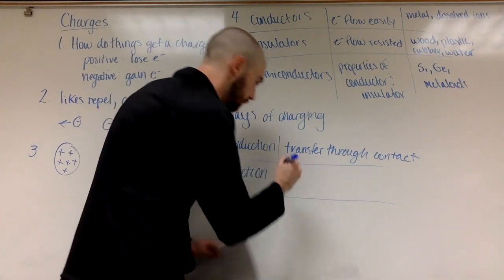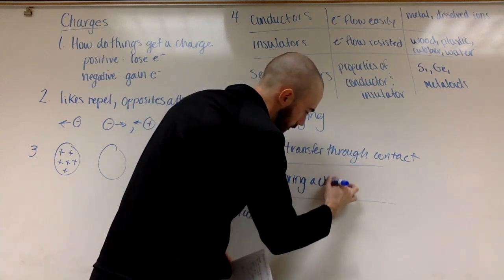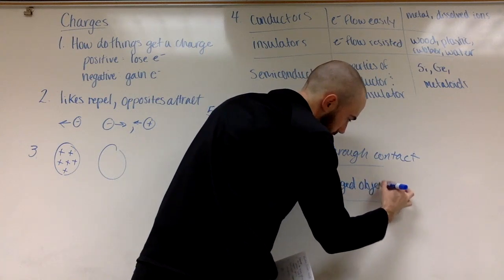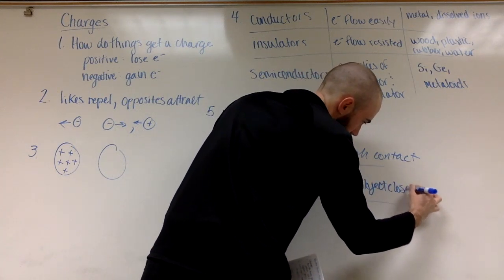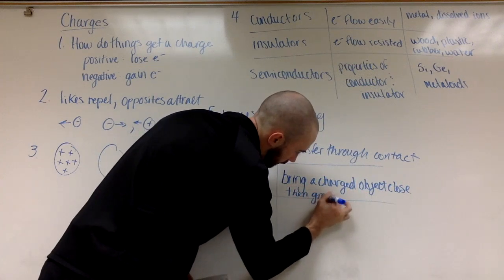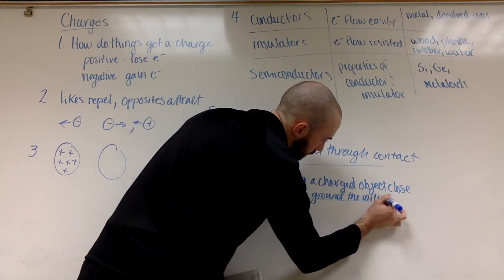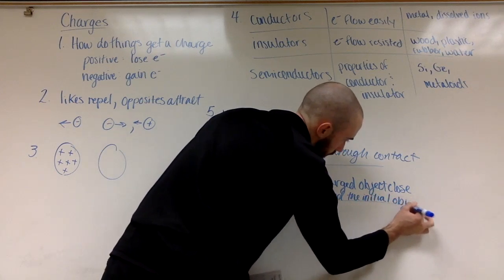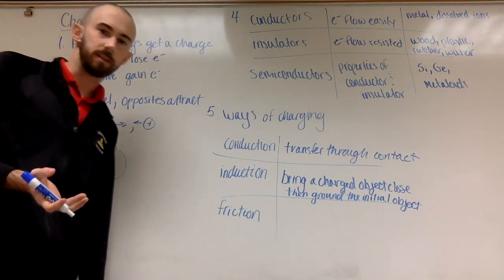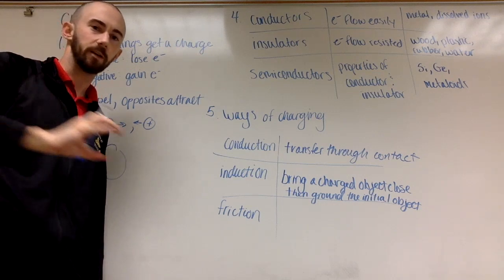Induction is where you bring a charged object close, then ground the initial object. So this would be like if I had a piece of metal and I bring a balloon that I've charged up near it.